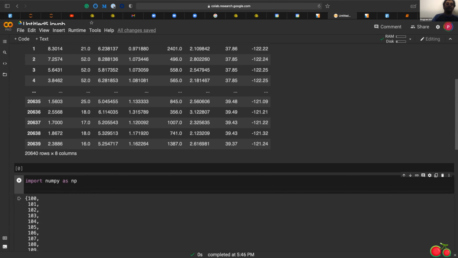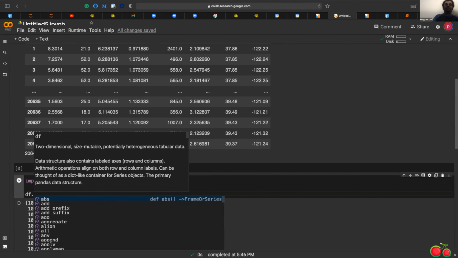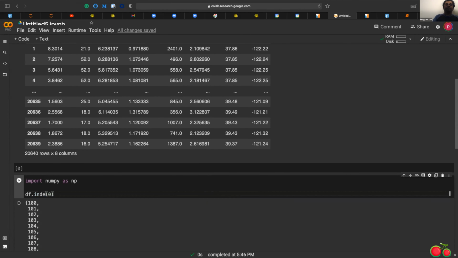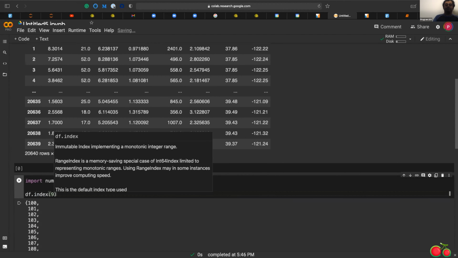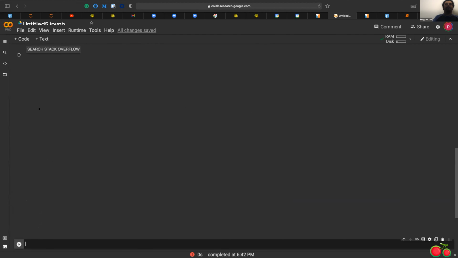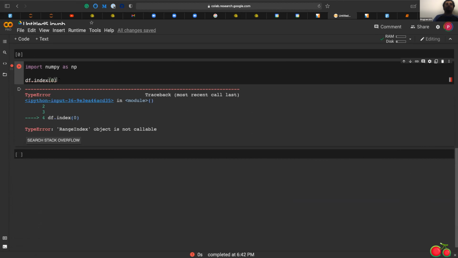So the best way to check that is to do this. Whoops, that's not what I wanted to do. Okay, sorry, not index, iloc.